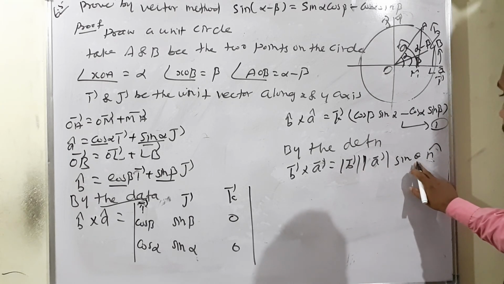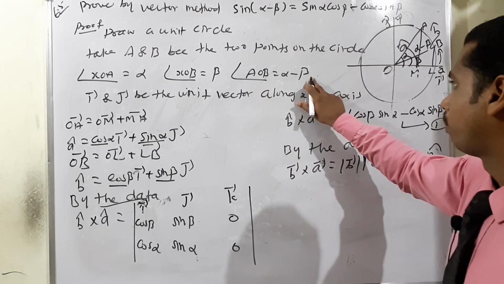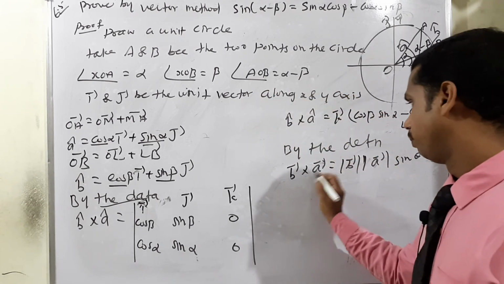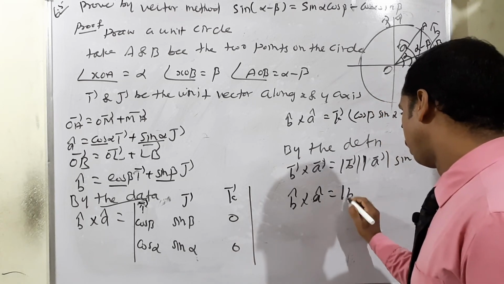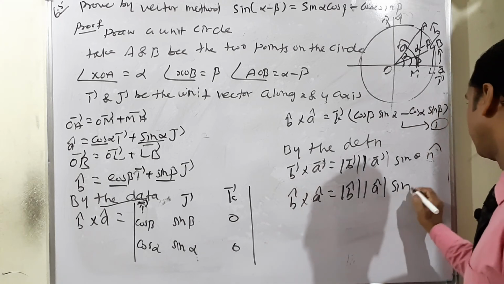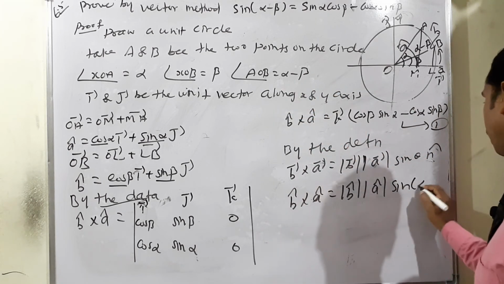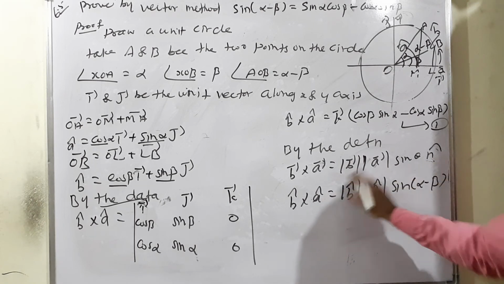Theta is the angle AOB, which means alpha minus beta, isn't it? Therefore B cap cross A cap is equal to modulus of B cap into modulus of A cap, then sin of theta, which is alpha minus beta.